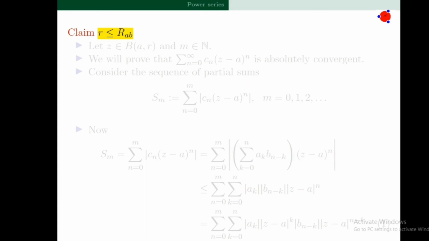Next, we will prove that the radius of convergence of the product series is greater than or equal to r.